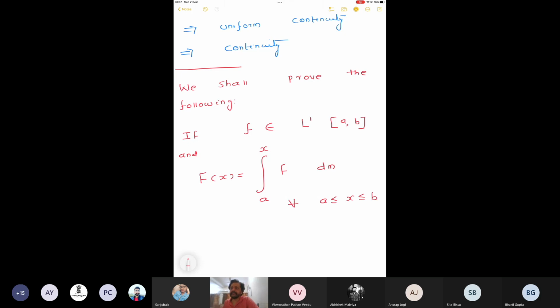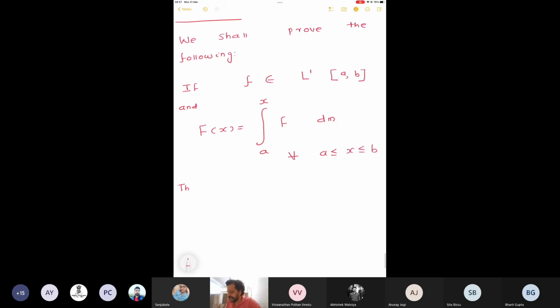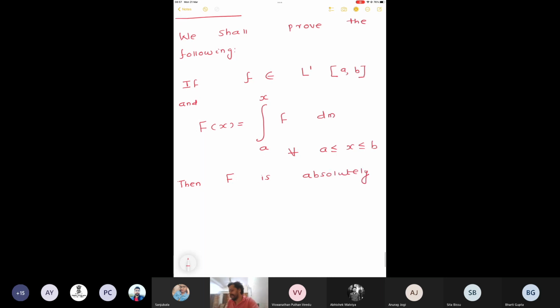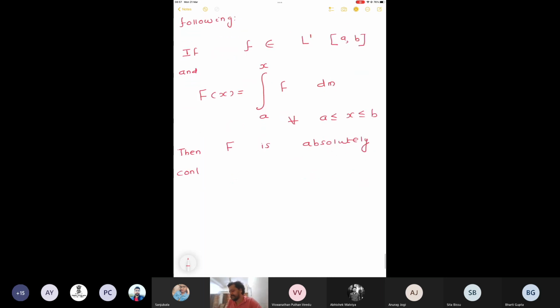I think I have named this. This is called the indefinite integral. So given a Lebesgue integrable function, you can think about an indefinite integral, which is again a function of x. And the theorem says that this new function capital F is absolutely continuous.